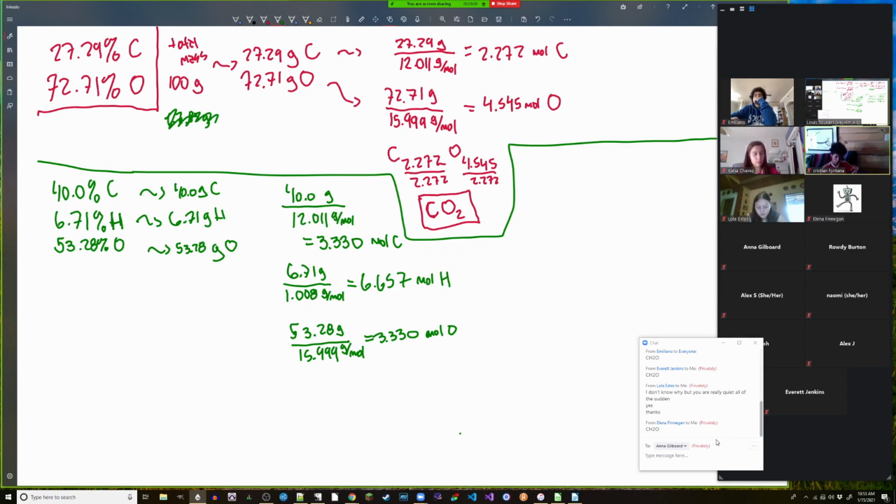We get a sort of a preliminary formula that looks like this. So these two are exactly the same number, and they are both the smallest number, so we're going to divide by that.